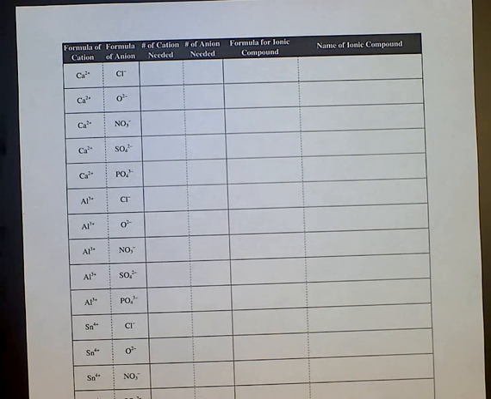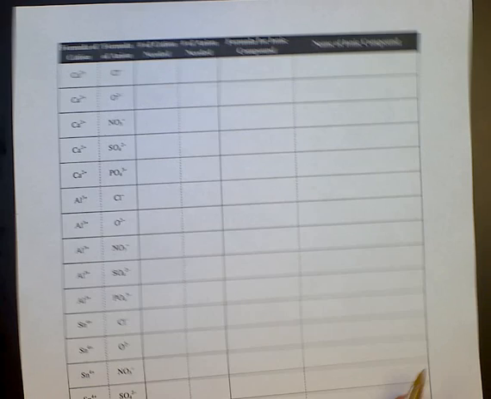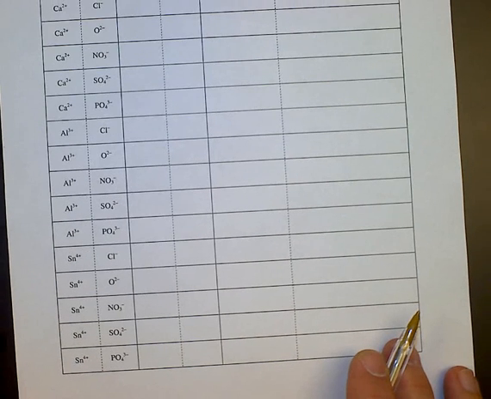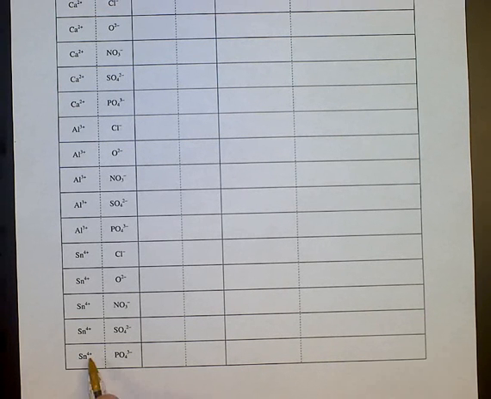Let's look at tin phosphate down here, all the way at the bottom, the tin phosphate one. Tin has a +4 charge, and phosphate has a -3 charge. Now the common denominator between 4 and 3 is 12.